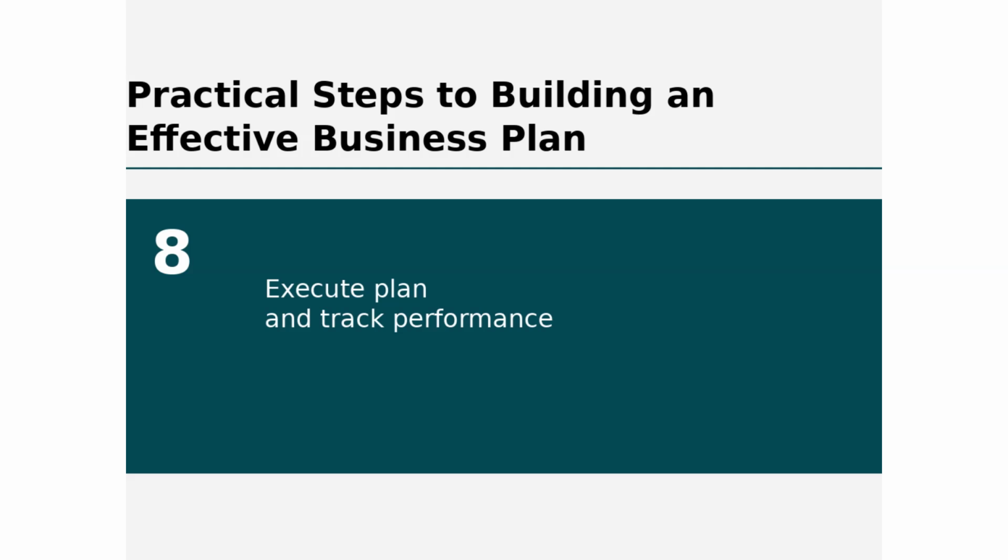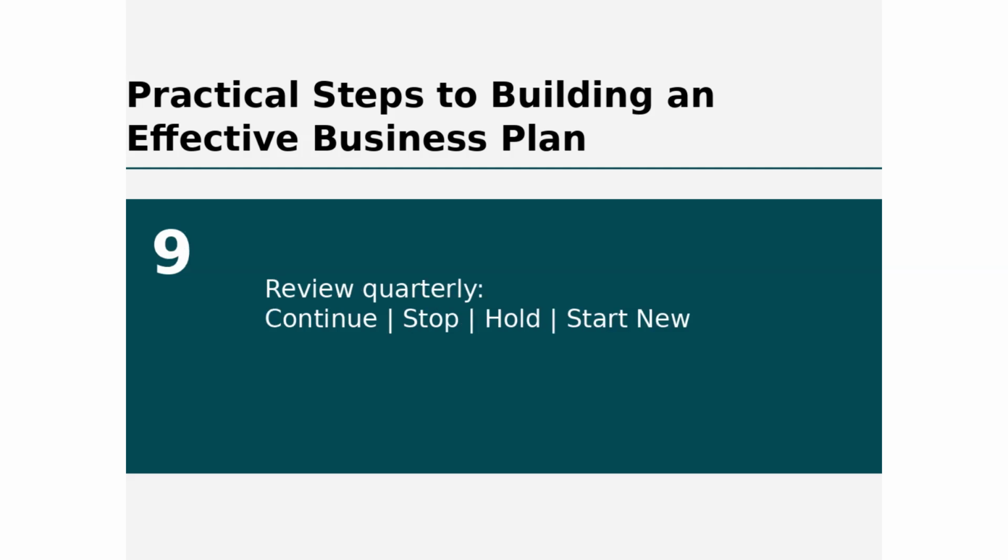There will be stages, milestones and KPIs and in some cases governance oversight to ensure progress remains on track. Finally, step 9 is just recognizing the need for periodic review, normally quarterly, and the reassessment and reprioritization based on what has happened since the last review.